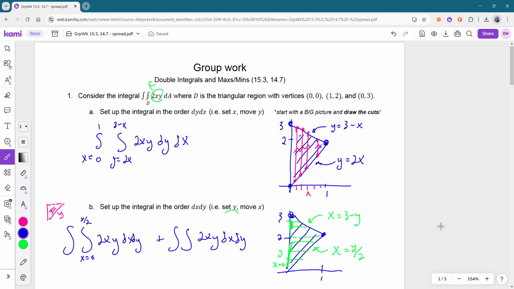And the y's that we're doing this for are 0 up to 2. And for our top side of our region, we're always moving x from 0 out to the top line, 3 minus y. And we're doing that for y's from 2 up to 3.